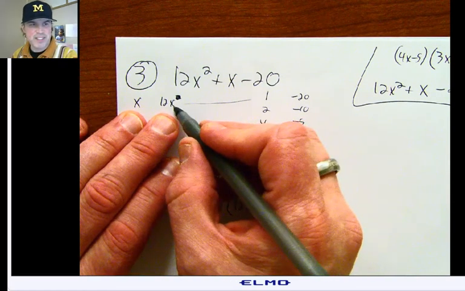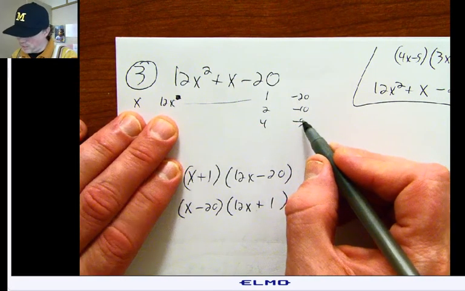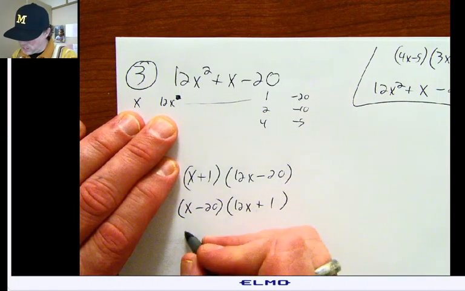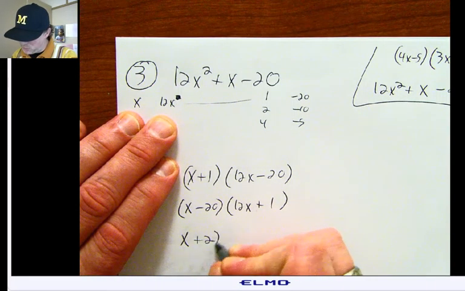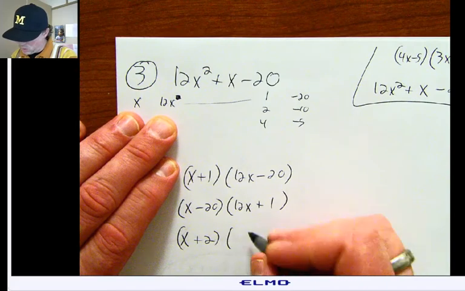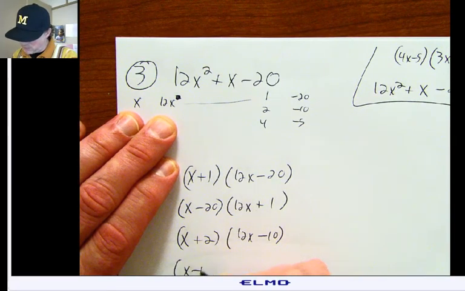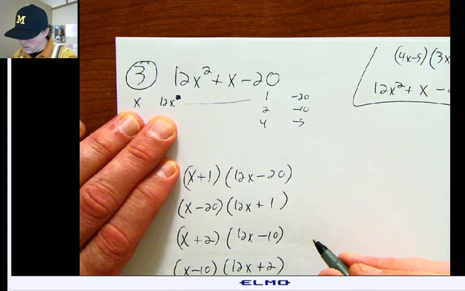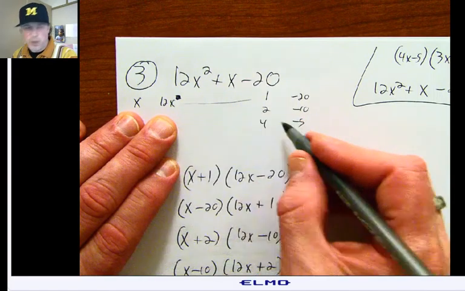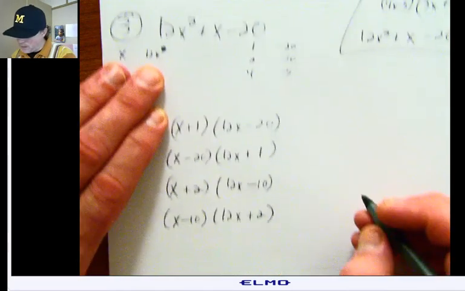Maybe this matches up with the 2 and negative 10. So x plus 2 and 12x minus 10, or maybe x minus 10 and 12x plus 2. Maybe the x and the 12x match up with the 4 and the negative 5.